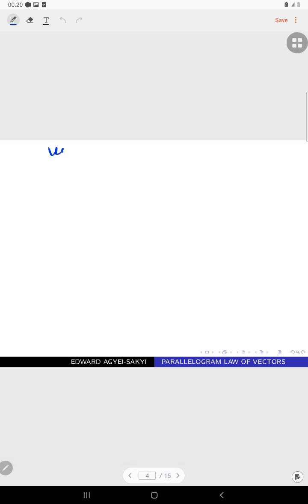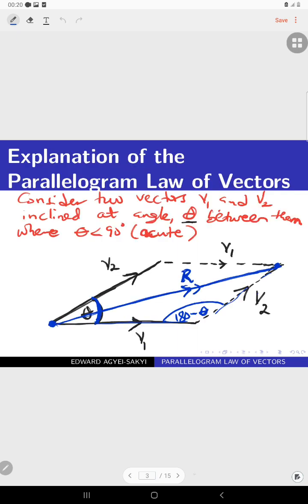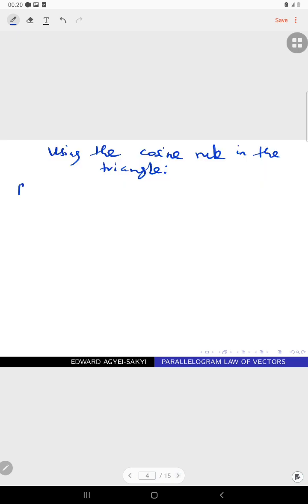So using the cosine rule in the triangle, what are we going to get? R squared equals what? V1 squared plus V2 squared minus 2 V1 V2 cos of (180 minus theta).